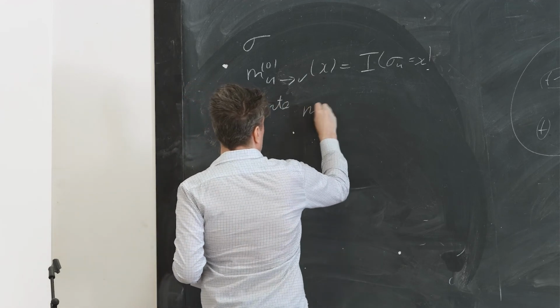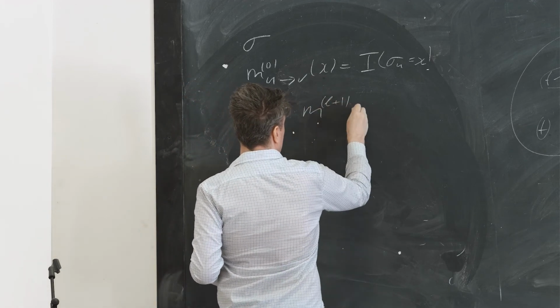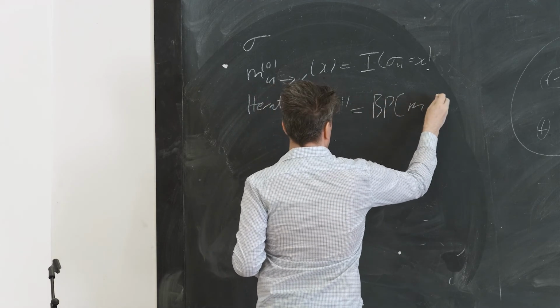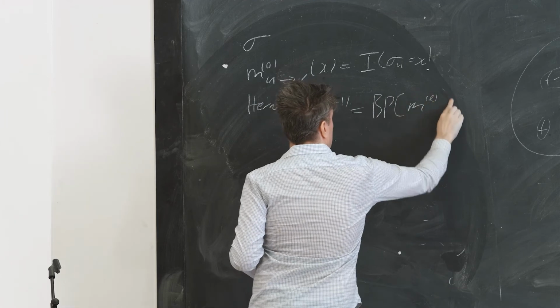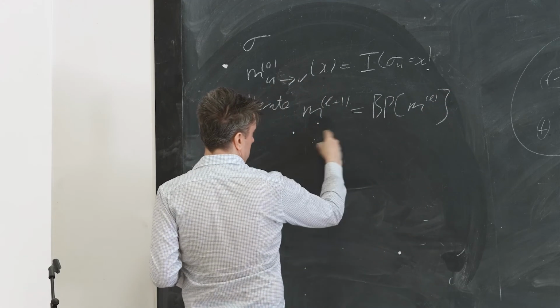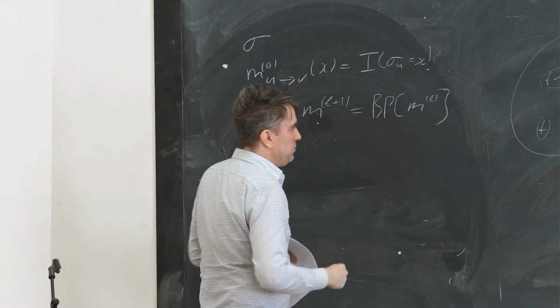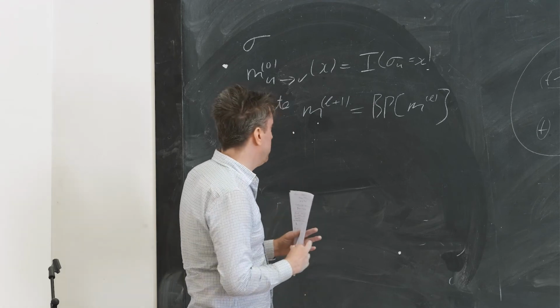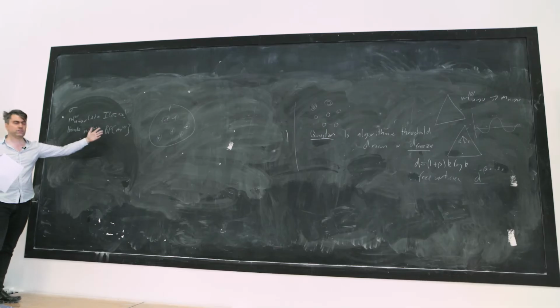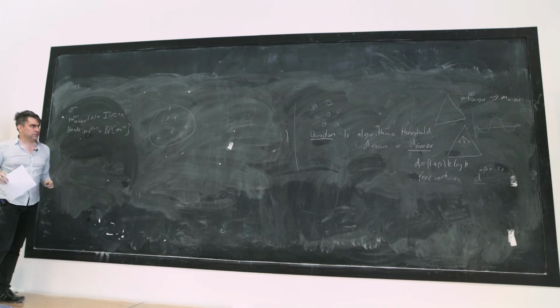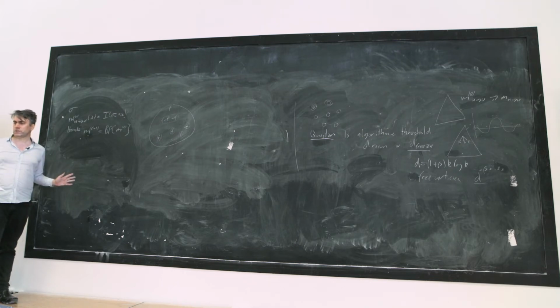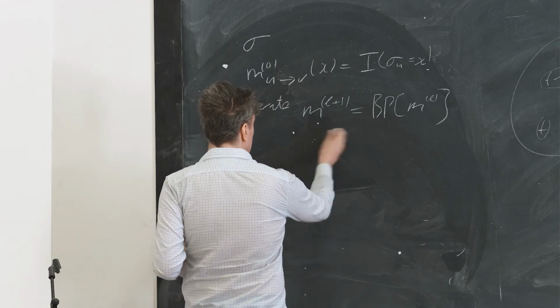So M at step l plus 1 is BP of the messages M at step l. Because on the tree, if we iterated the belief propagation messages, they would converge to the fixed values M, and locally the measure looks like the one on the tree, so these converge as well.